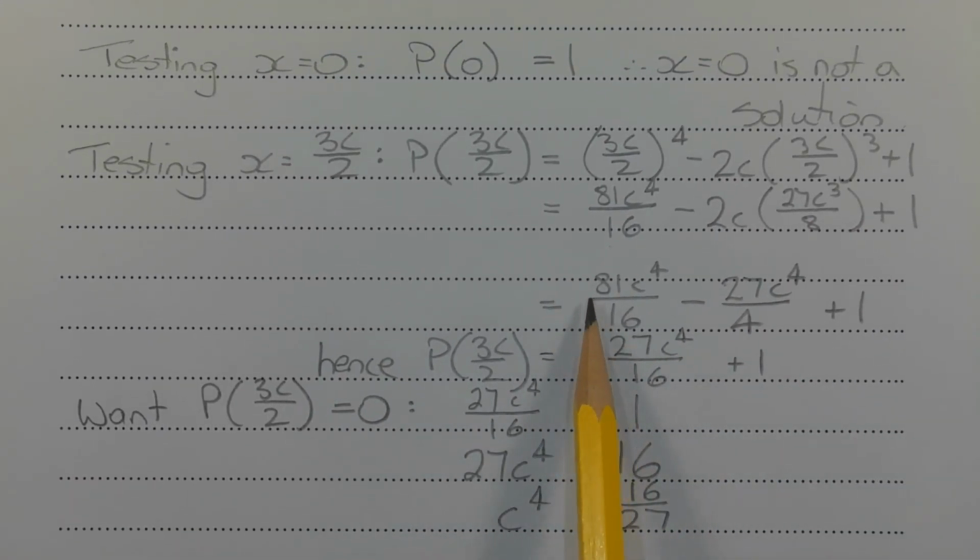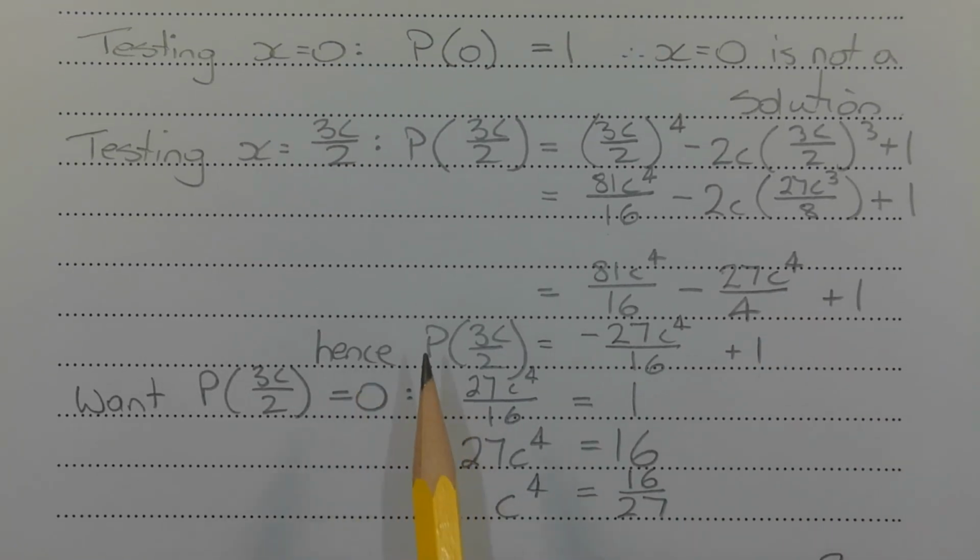And that equals 81c to the power of 4 over 16 minus 27c to the power of 4 over 4 plus 1. Hence, p of 3c over 2 is equal to negative 27c to the power of 4 over 16 plus 1. We get this fraction here by combining these two fractions together, by finding a common denominator.